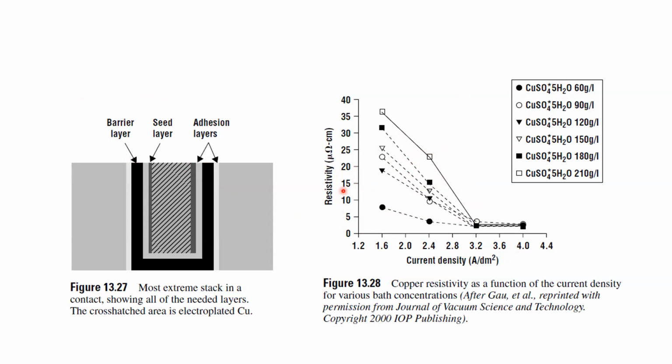We use copper because it has lower resistivity than aluminum. In order to decrease the resistivity, we can use higher current, and we can also decrease the concentration of the solution. In this way, we can decrease the resistivity and get better electrical performance.